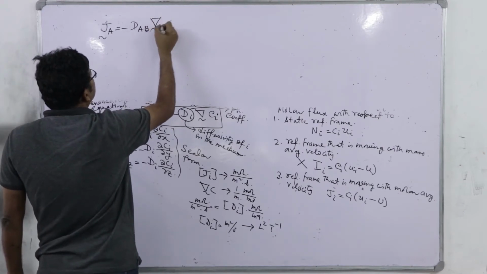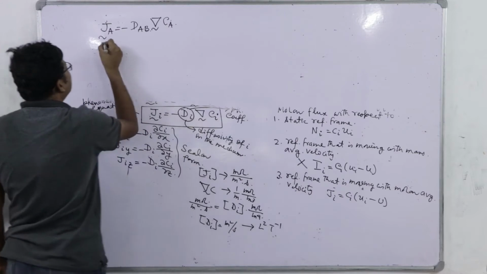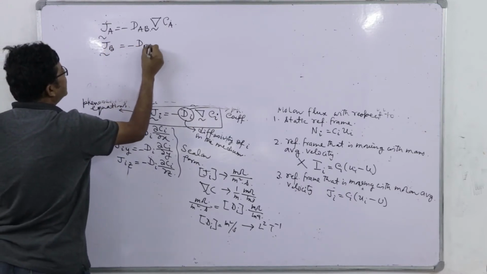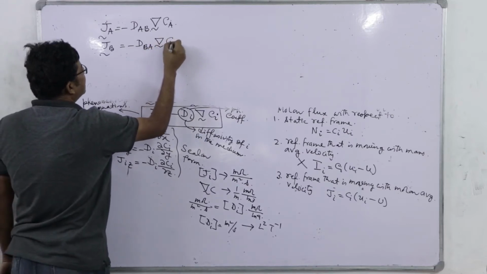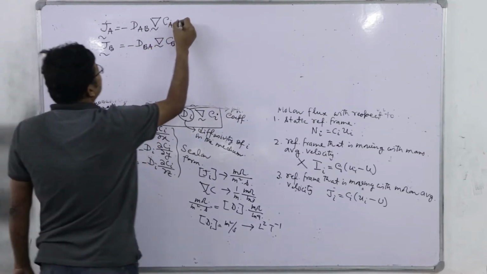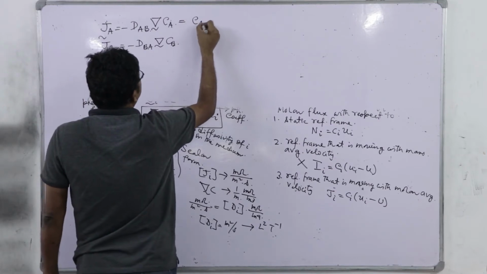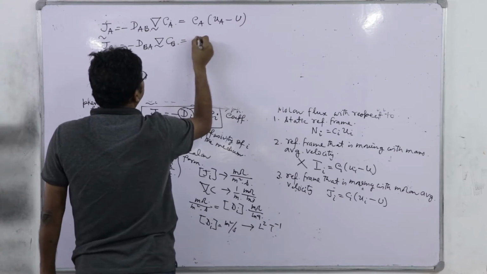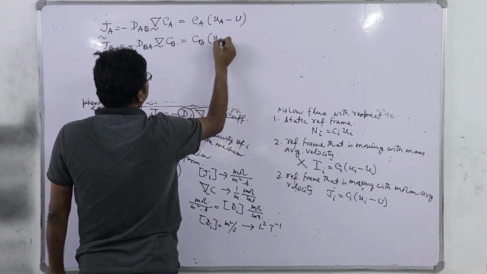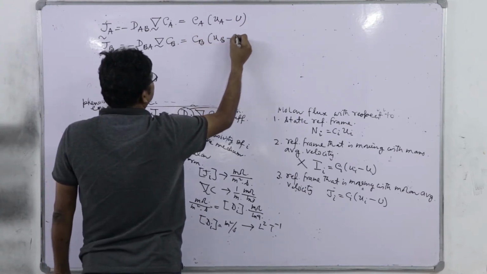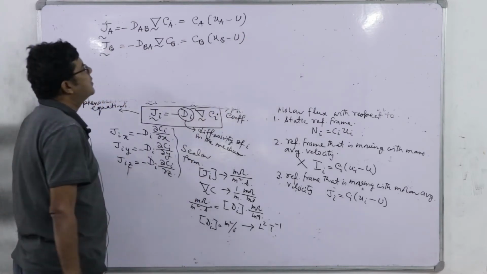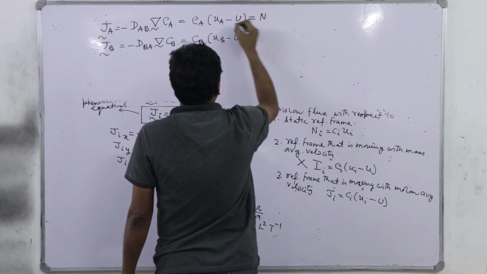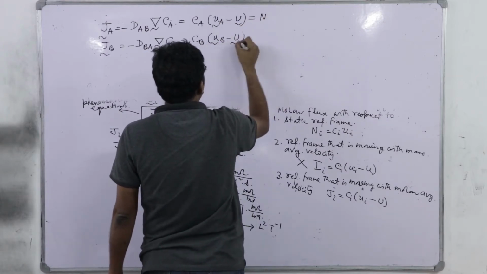into grad of CA, and JB is minus DBA grad of CB, right. Alternatively, it is CA into (UA minus capital U), and CB into (UB minus capital U). These are vectors.